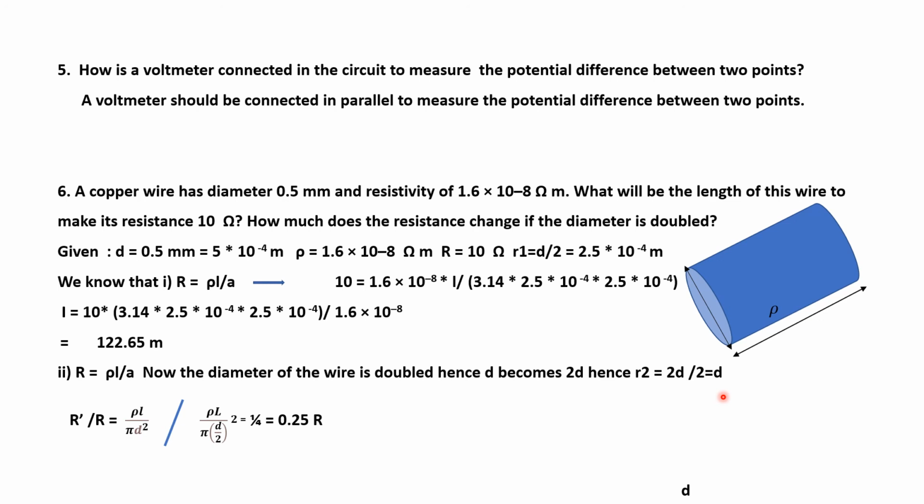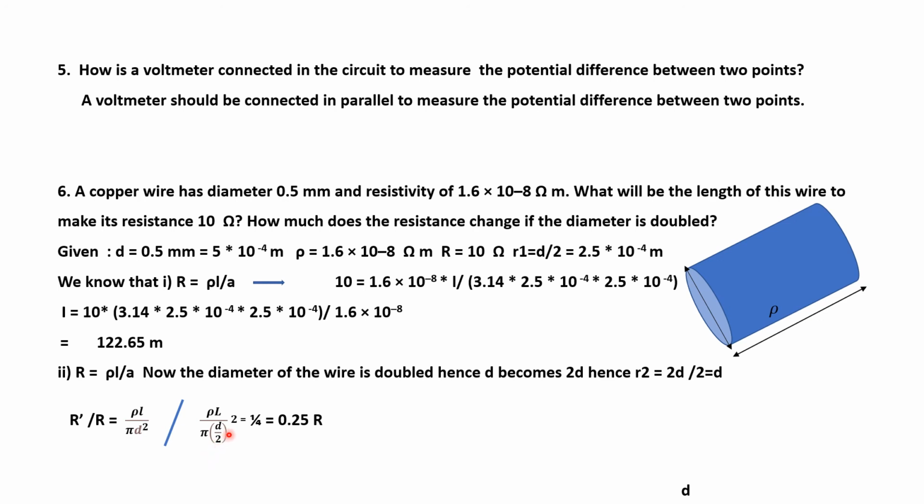So let us assume the resistance of the first wire to be R, that is rho into L by A, and the new resistance will be R dash. So R dash divided by R is equal to rho L divided by pi r square. So r is d in this case. So rho L divided by pi d squared, divided by the original resistance rho L divided by pi r square. r in the original case is d by 2.